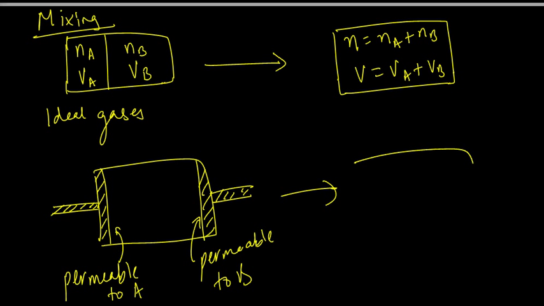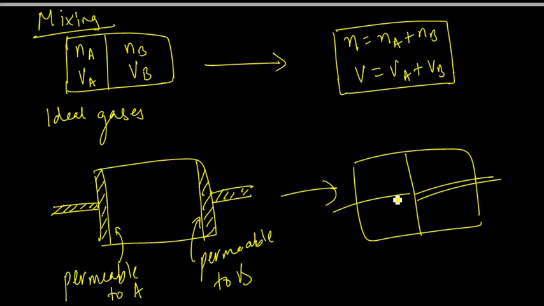And what happens then is that both my pistons land over here, and on the left I would have gas A, on the right I would have gas B.